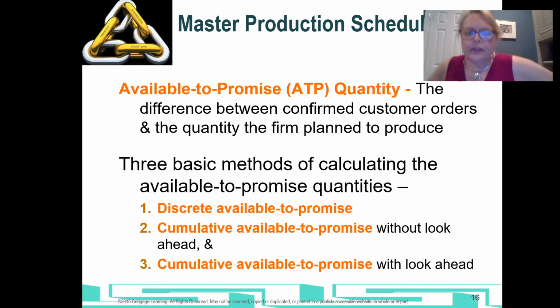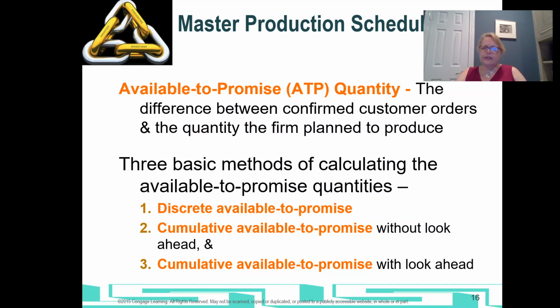So I gave you a couple of questions on your test about this. So let's talk through number 1, 2, and 3 at the bottom. Discrete available to promise means how many do I have to promise? 125 in that example. If I have 150 in my store and 25 are already spoken for, then my discrete available to promise is 125.